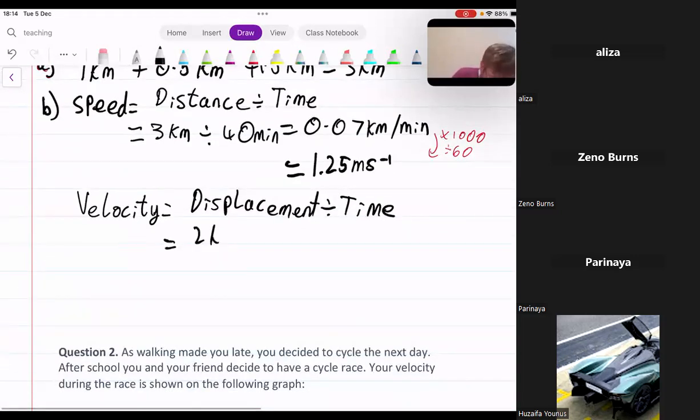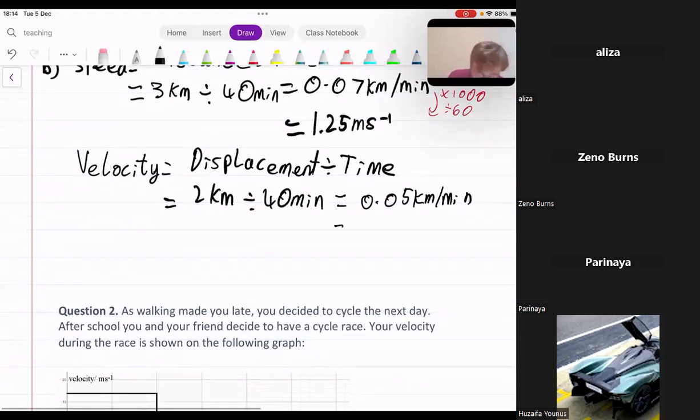So we have 2 kilometers divided by, well, the time is still the same. It still took you 40 minutes to get to school. And this gives you a speed of 0.05 kilometers per minute, or in the nicer units of meters per second, 0.83 meters per second.